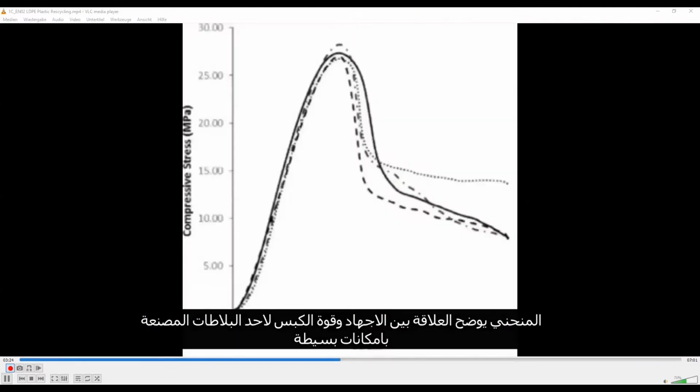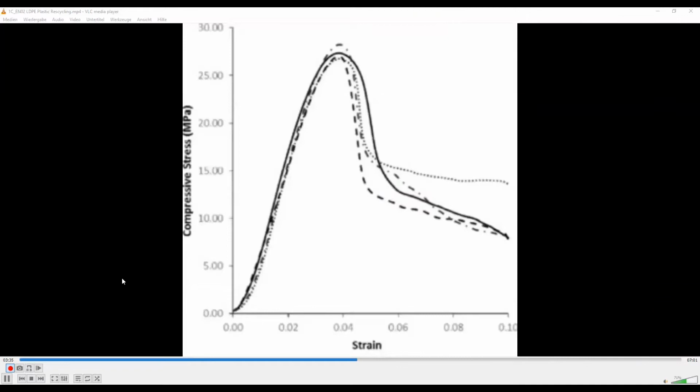You can see here is the compression stress curve, which is higher than cement tile. You can see 25 megapascals of compressive stress. This is a test.